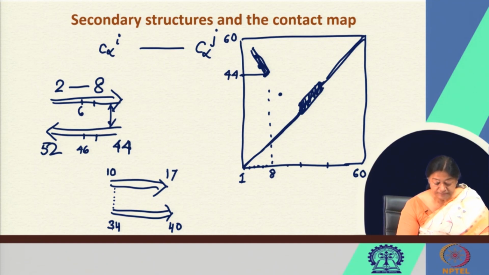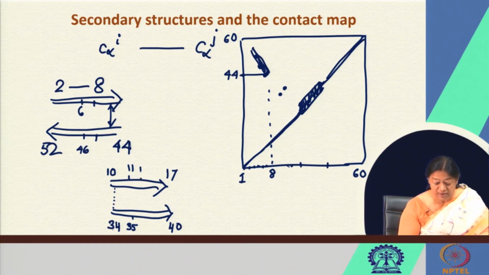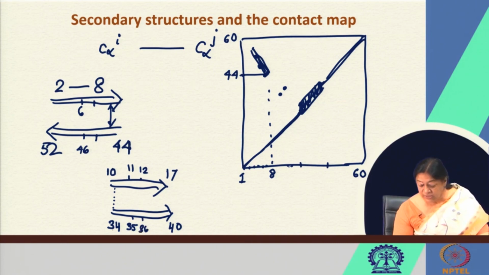Then 11 is close to 35, so I look at one here and 35, which would be another point here. Then I would look at 12 and 36, again one to the right, and what I see is a parallel connectivity.